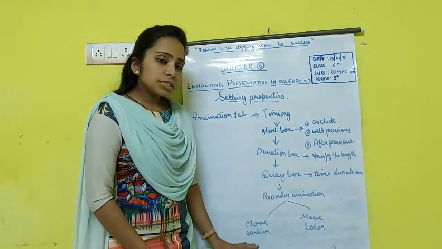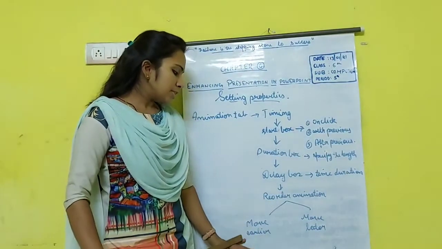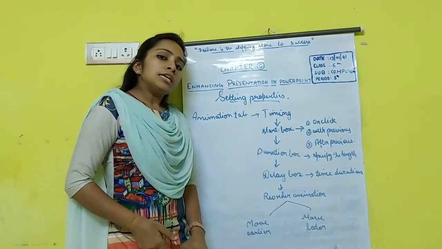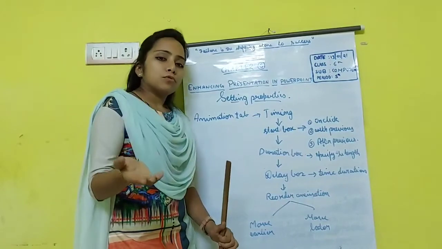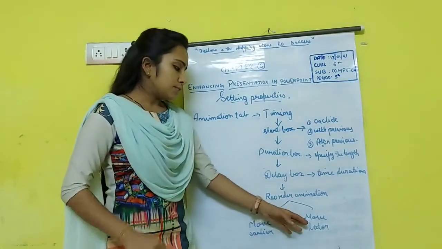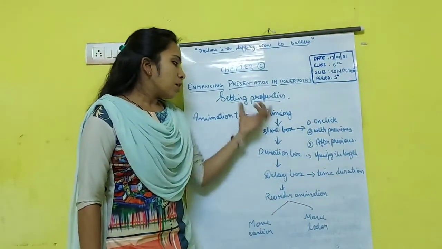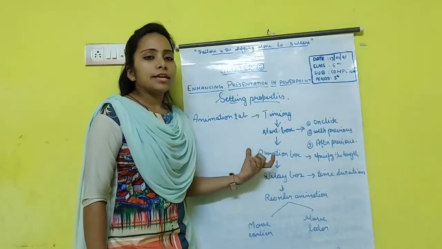There 2 options are there: move earlier, move later. Move earlier means it should start before the slide moves. Move later means after the movement of the slide, while exiting, and this while entrance. So this is how you can set the properties in your animation.